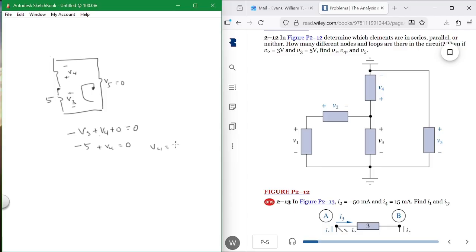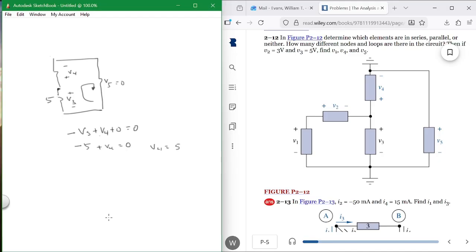V4 is equal to 5 volts. Any questions? Piece of cake, right? What else do they want to know about that? That's about it.